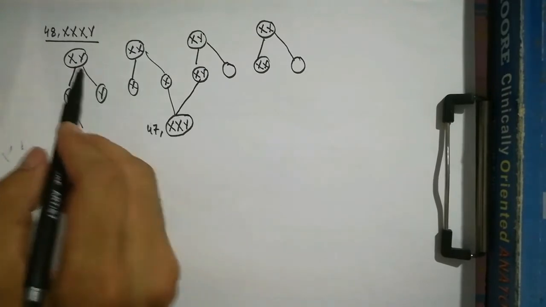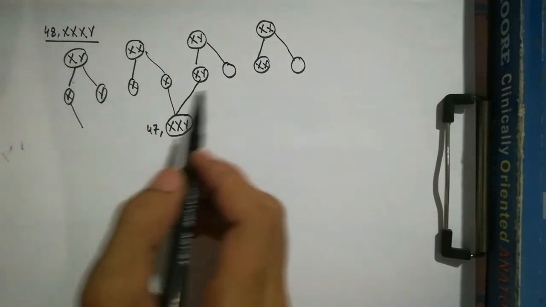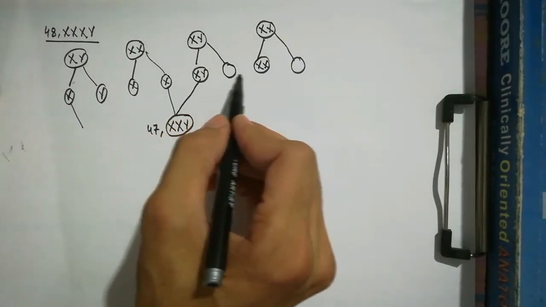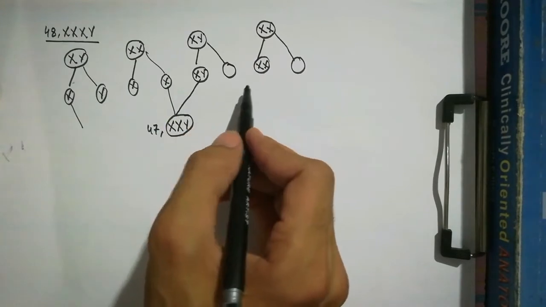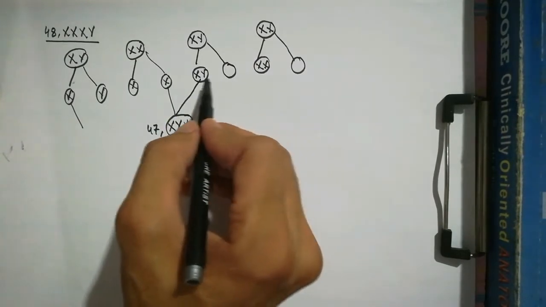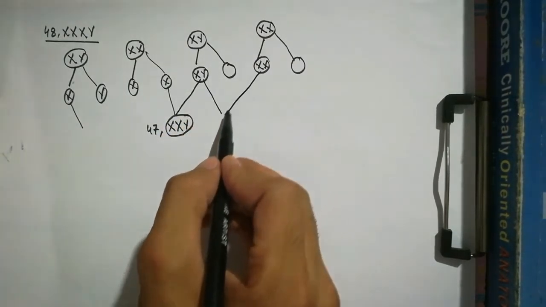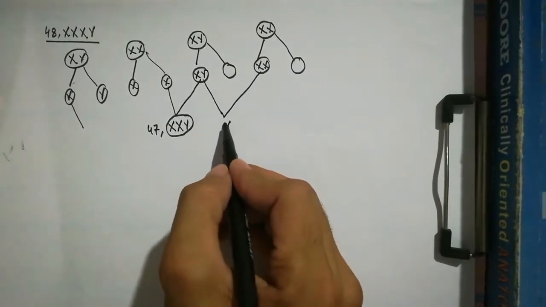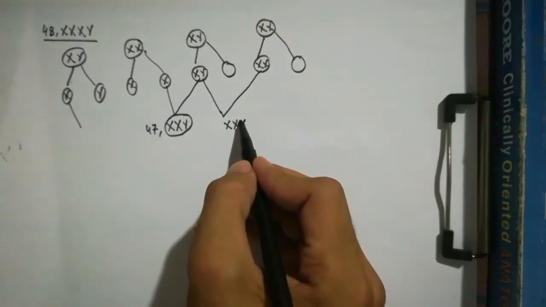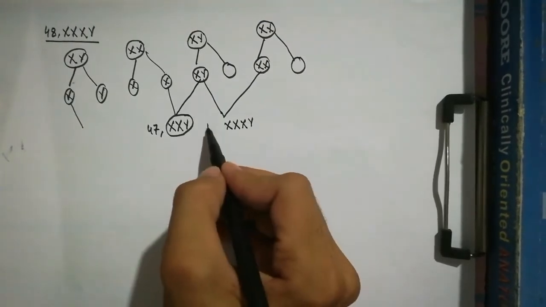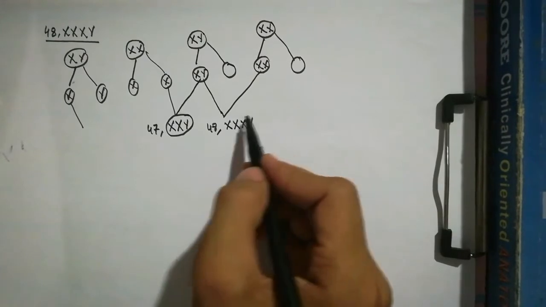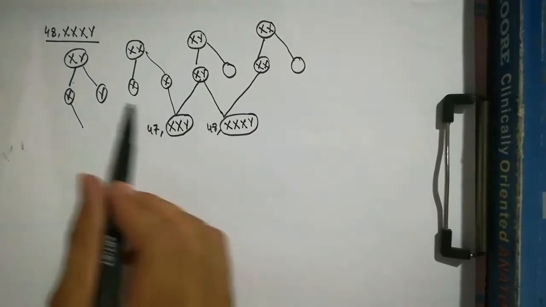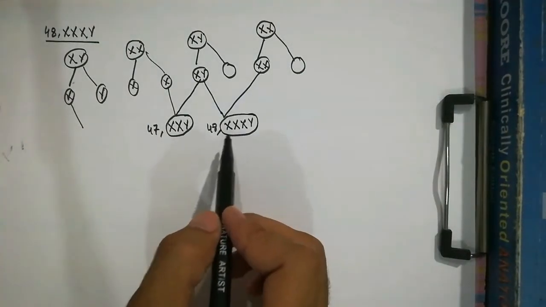And in this picture, an abnormal male gamete is fertilized with an abnormal female gamete. In this case, 48 chromosomes, X, X, X, Y. Total number of chromosomes is 48. This is another picture of Klinefelter syndrome.